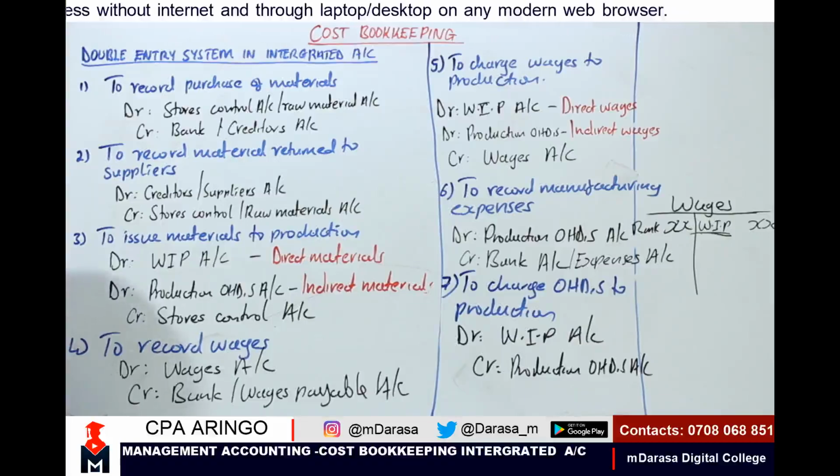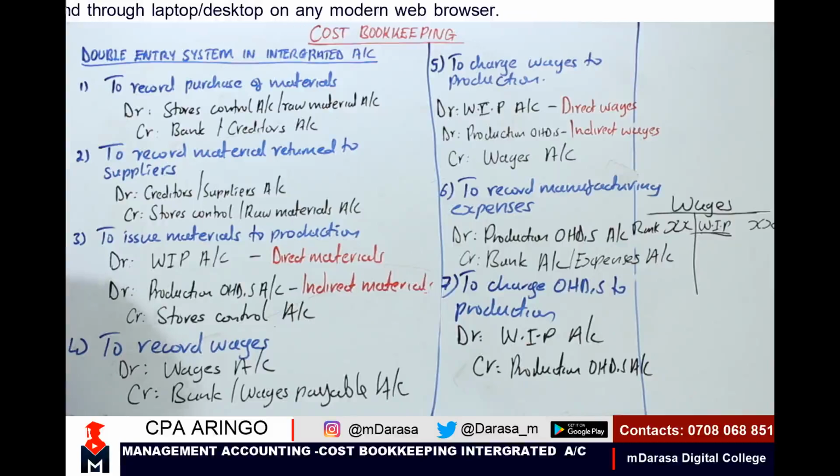So, also maybe a key element to note, the last accounts we are talking of are cost of goods produced. You can also talk of the aspect of sales and all that.